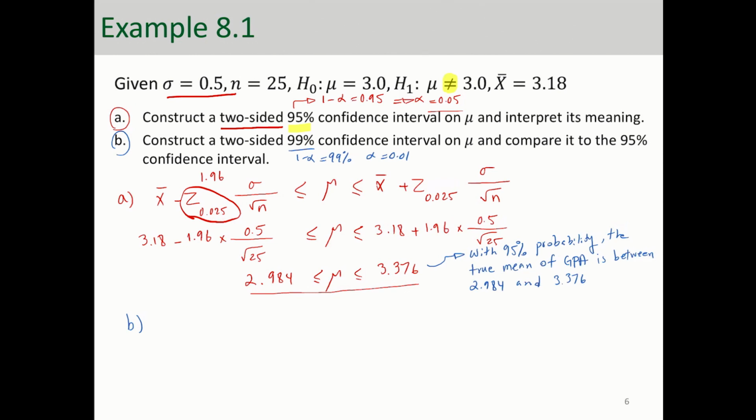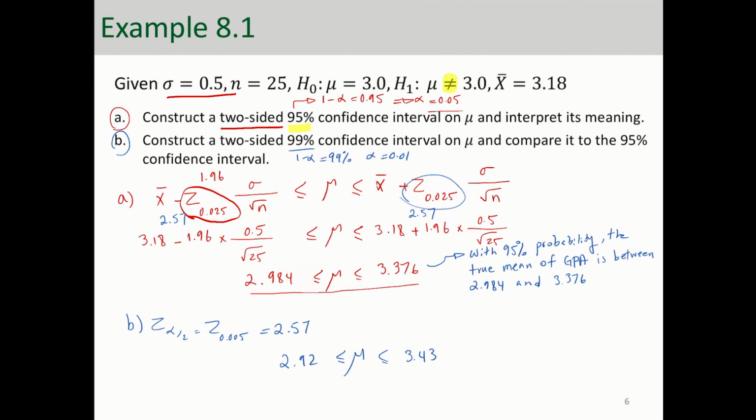Right, z of alpha over 2 is z of 0.005, and that is equal to 2.57. Now, if I change these values to 2.57, and redo the calculations, I'm going to end up with mu between 2.92 and 3.43.